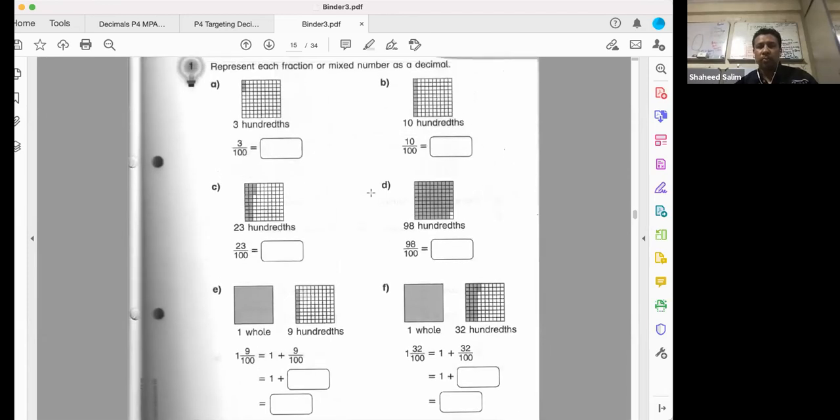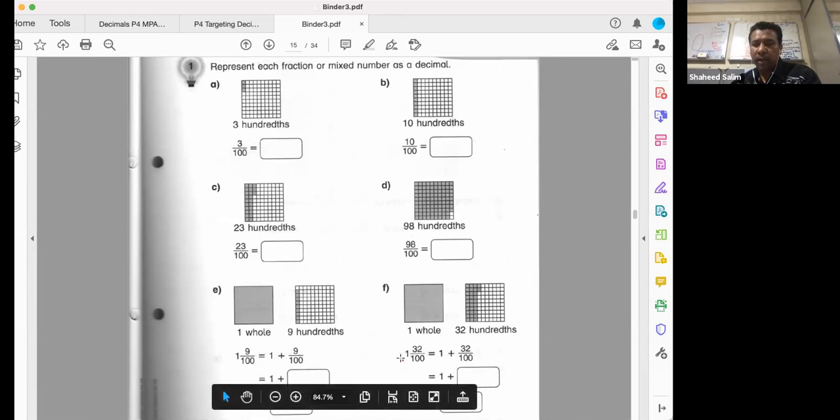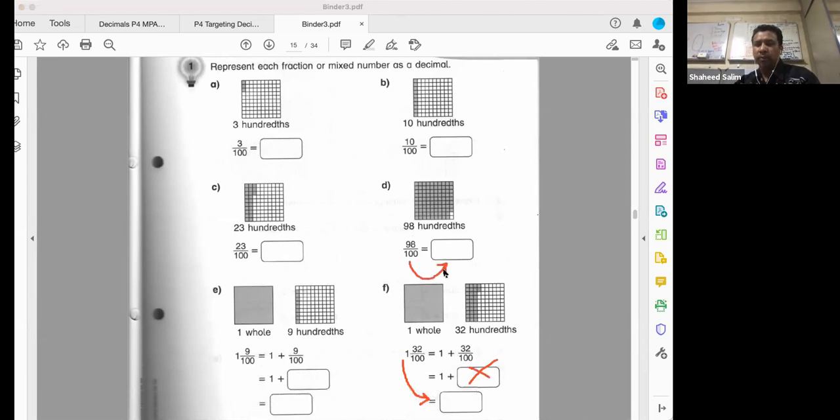Okay, you do B, D, F. Don't need to count the squares. B, D, F. Don't need to do step by step. Just do from this one straight to down here. Don't need to change this. This one don't need to do. This one change straight. This one change straight.